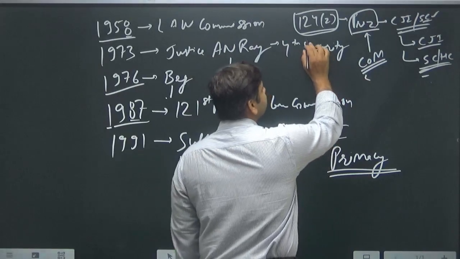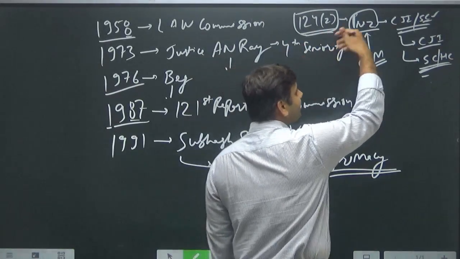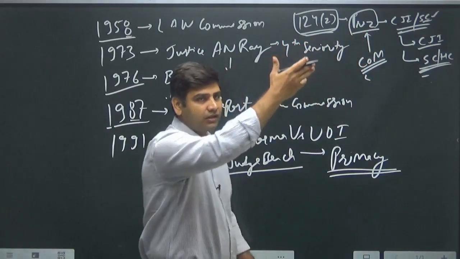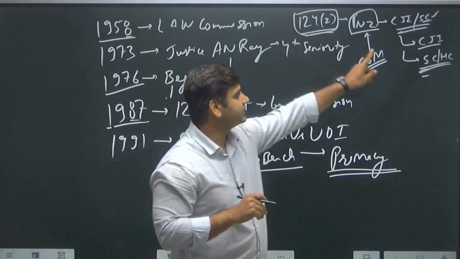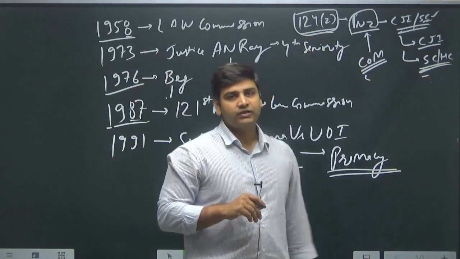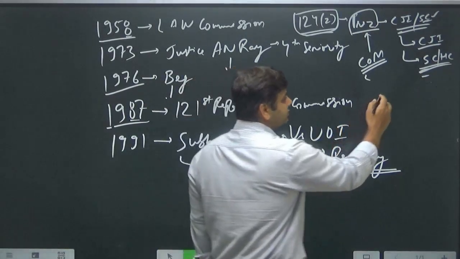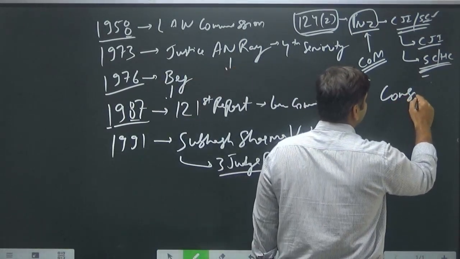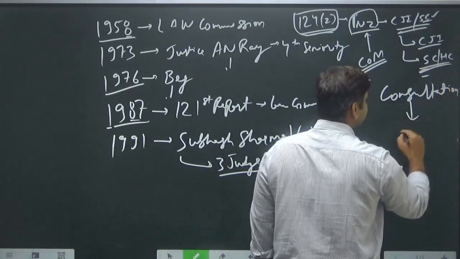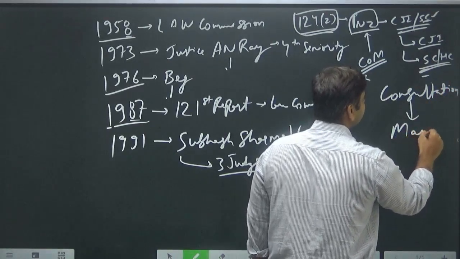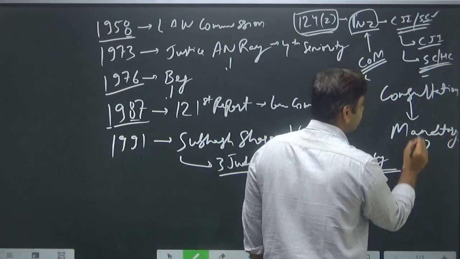That simply means under Article 124 Clause 2, when the President appoints the Supreme Court judges, he or she consults with the Chief Justice of India. But is this consultation mandatory?